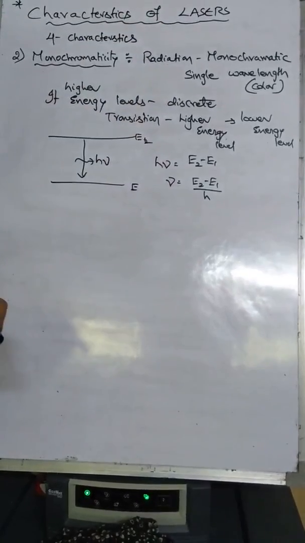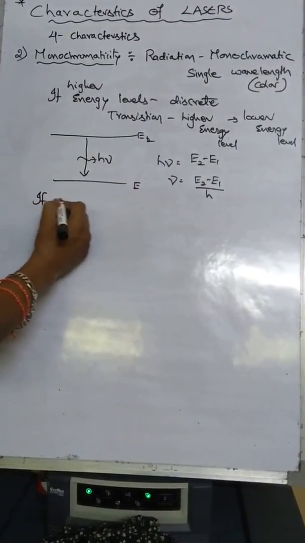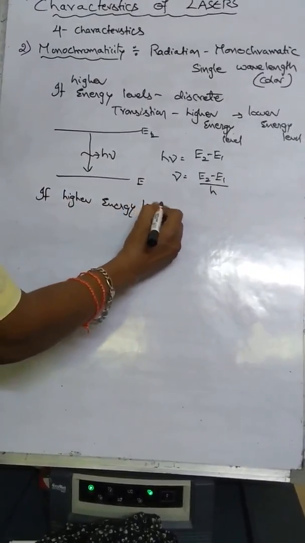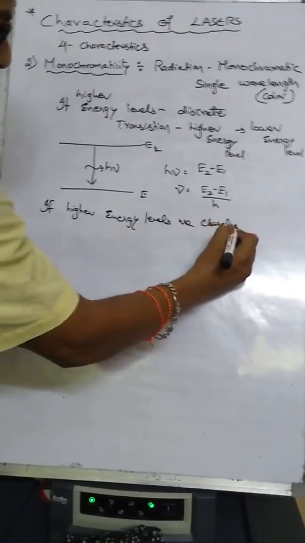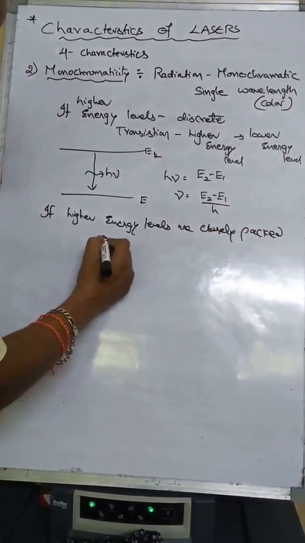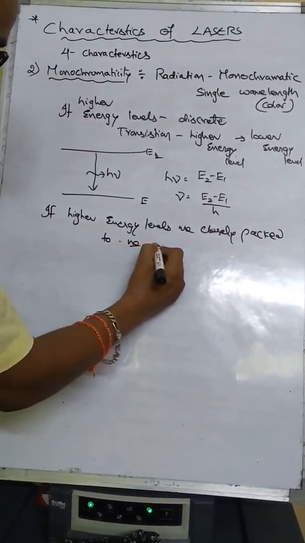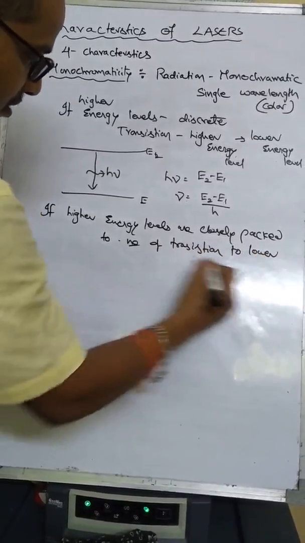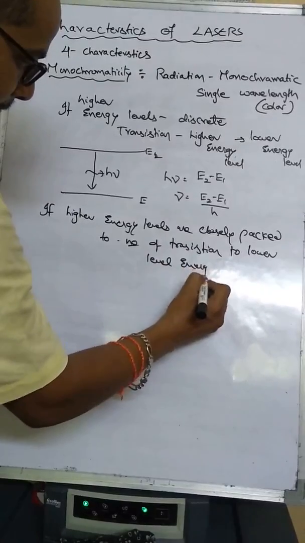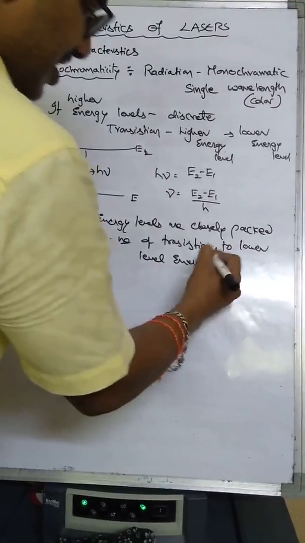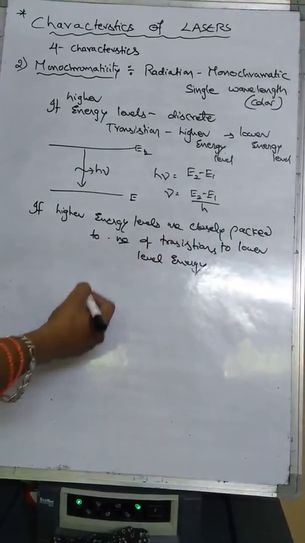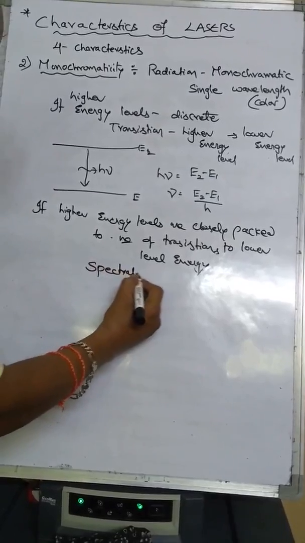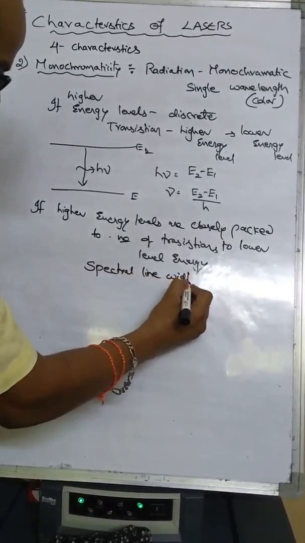Now, if the higher energy levels are closely packed, then it gives rise to a number of transitions to the lower energy levels. This is simply called the spectral line width, or spectral width.